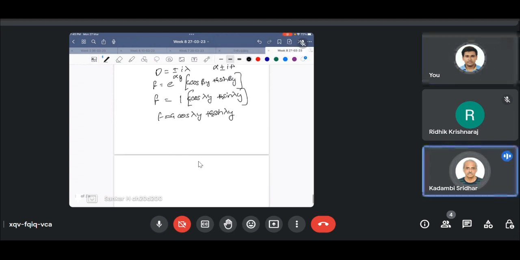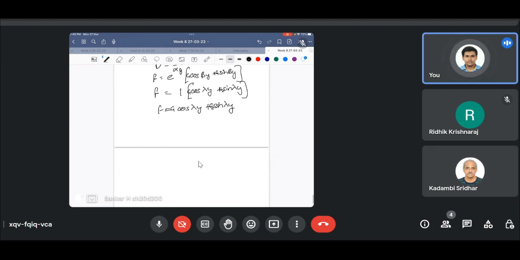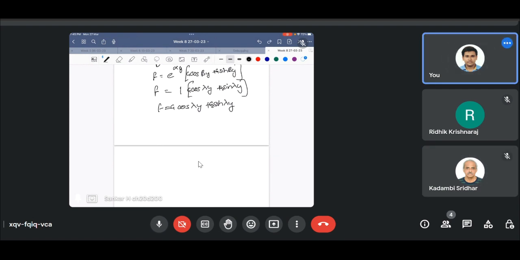Now, we apply the same boundary conditions again: at y equal to plus minus h, f should be 0, and at y equal to 0, df by dy should be equal to 0.